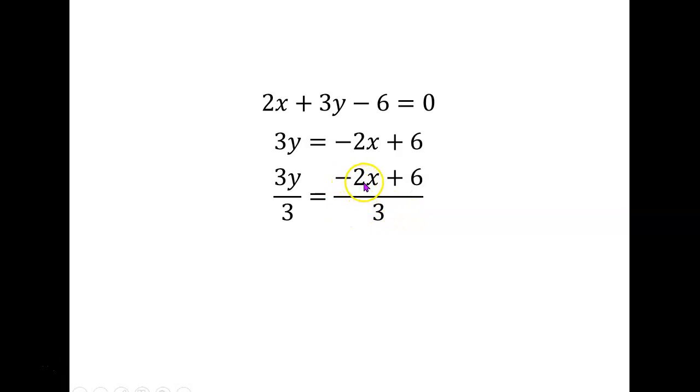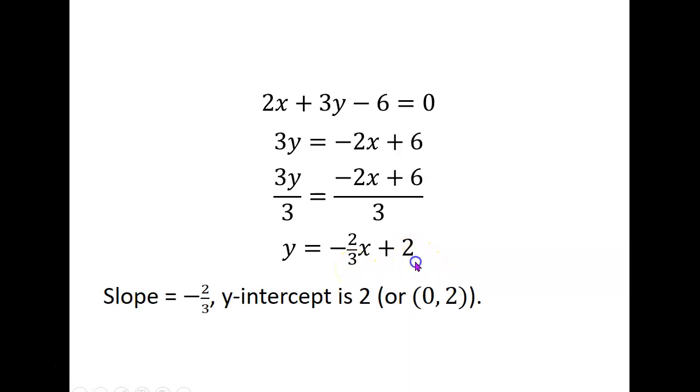So when you take the negative 2x and divide by 3, you've got negative 2/3 as the coefficient on x. Plus, when you take the 6 and divide by 3, you get 2. So now this is in slope-intercept form, and we can look at this and see, aha, there's the slope, it's negative 2/3. And there's the y-intercept, 2. Or you could say it's the point (0, 2).